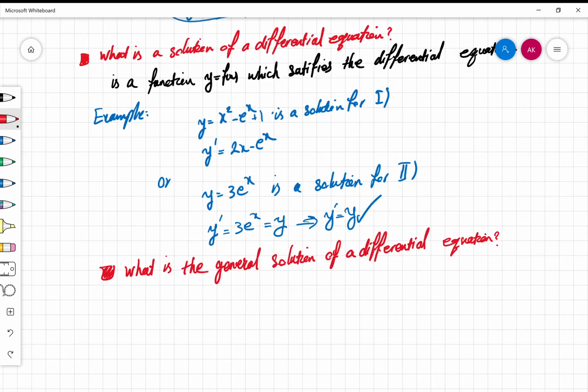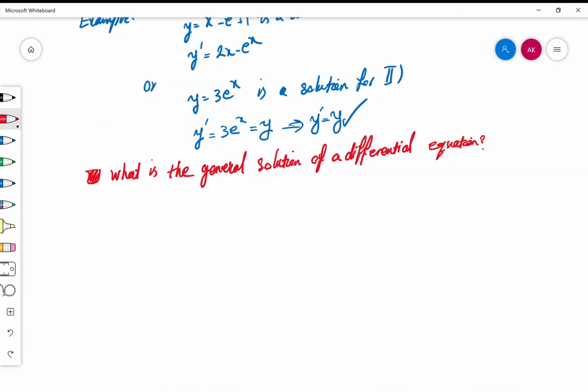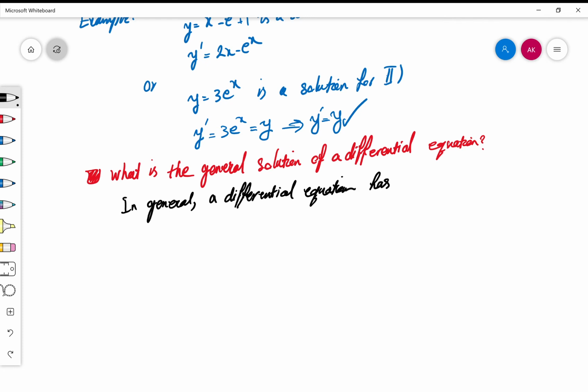Okay, so let me just write this down. Well, in general, a differential equation has not only one or two, but a family of solutions.